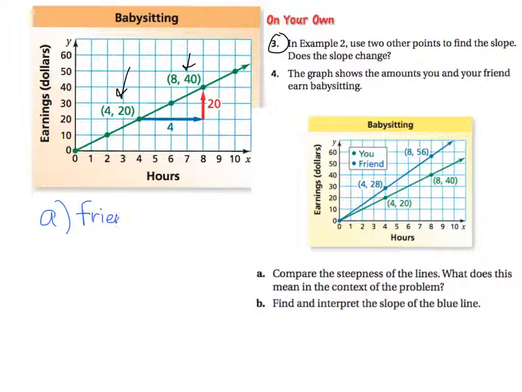Your friend's line is steeper. Why is that? What does that mean? It means that your friend makes more money. Your friend has a higher pay rate. So find and interpret the slope.